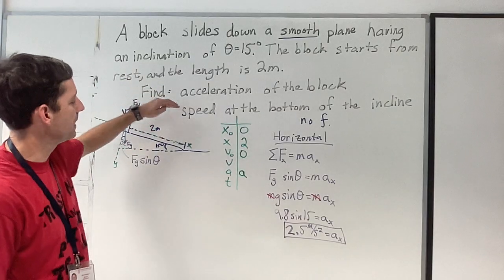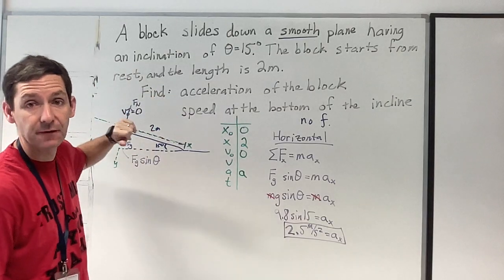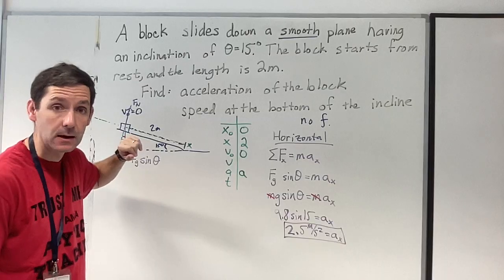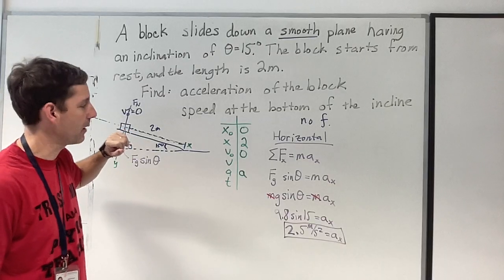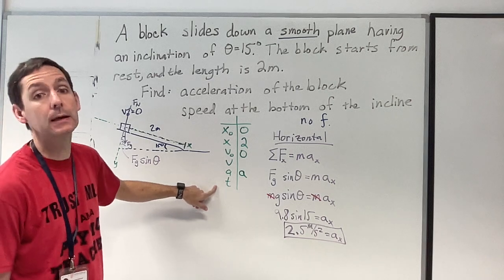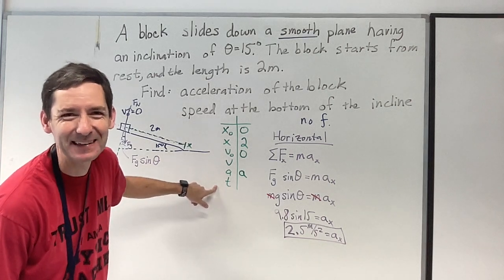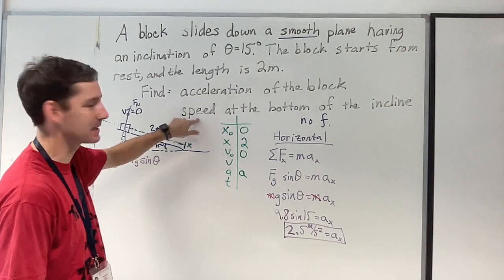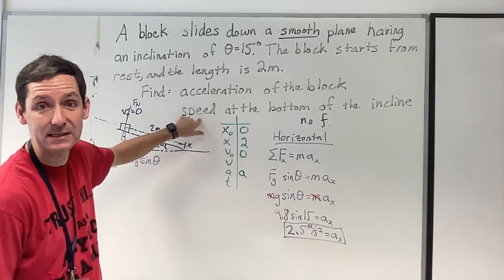Okay, the second part of this is that it wants us to find the speed at the bottom of the incline. Now, you may have thought, well, Mr. Bauer, you wasted all that time writing out that table, and we didn't even use that. Well, guess what? We're going to use it now. Because now it's asking for my speed, my velocity.